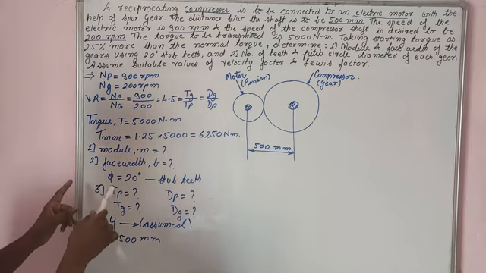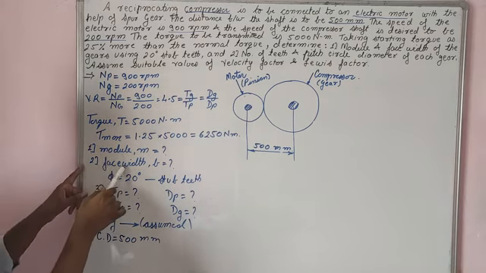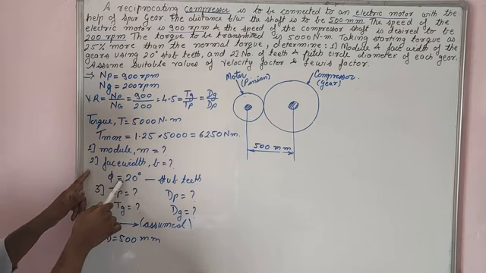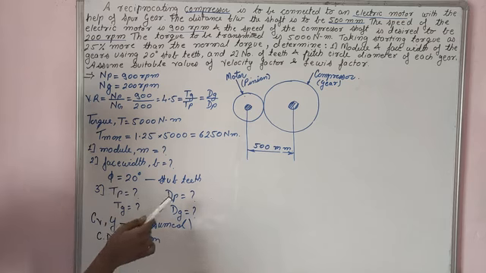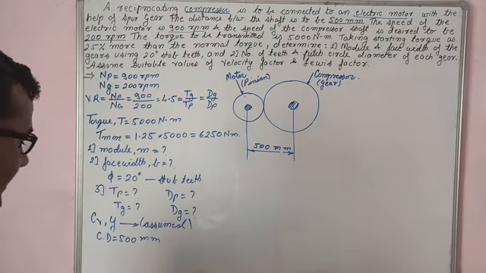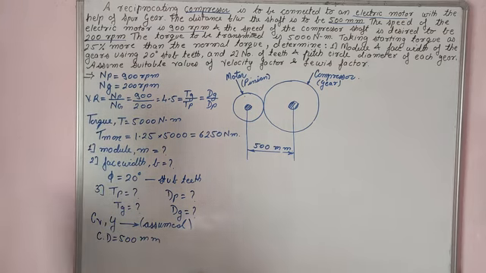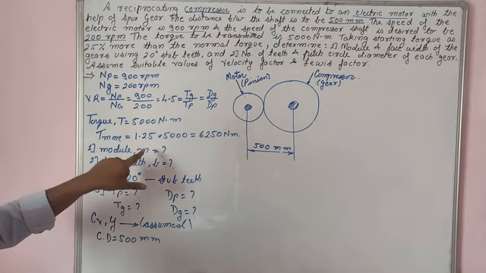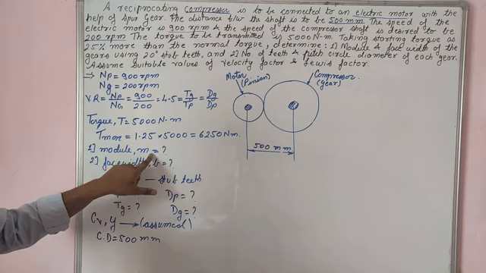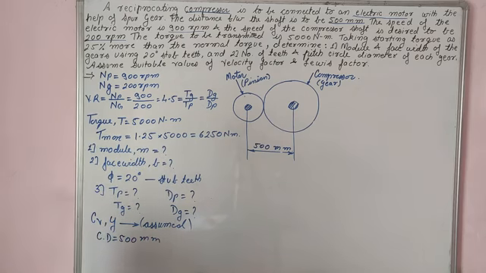The things which we have to find out are module, face width, then number of teeth on pinion and gear, and pitch circle diameters, right? If we can find out the module, it will give me all other values.